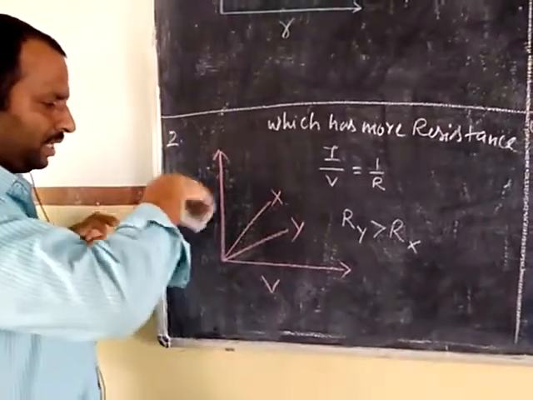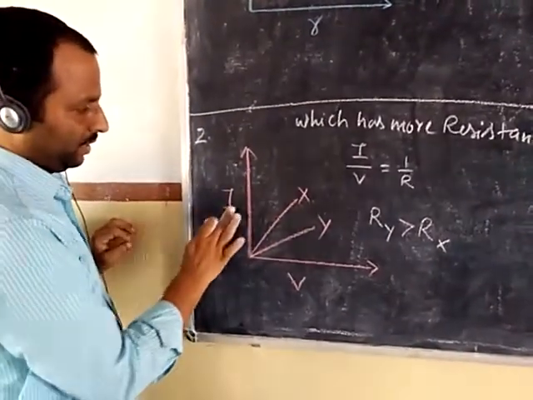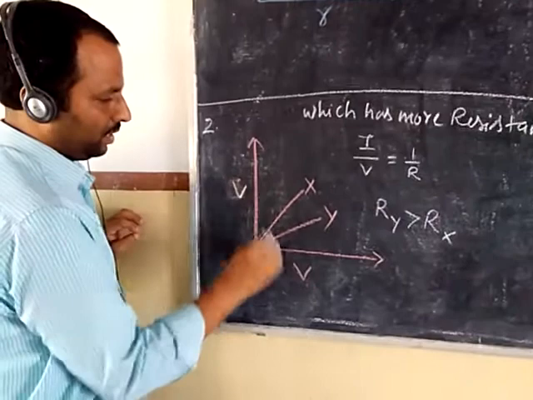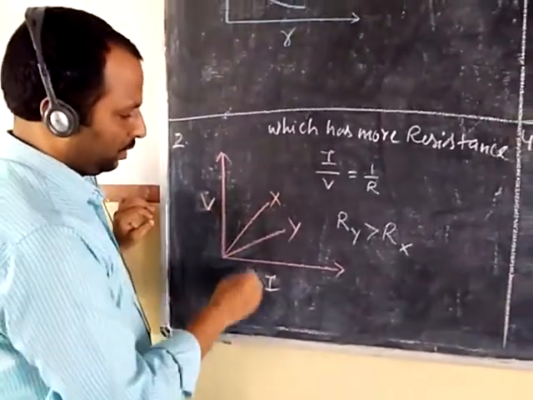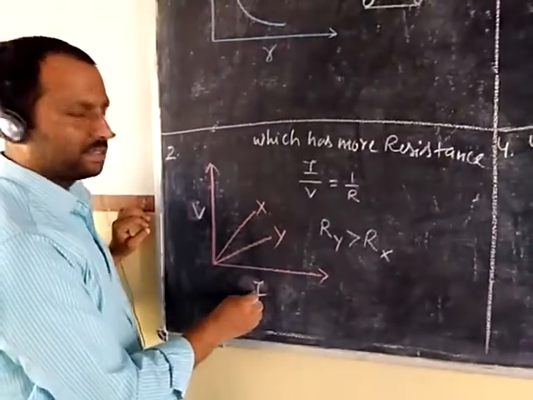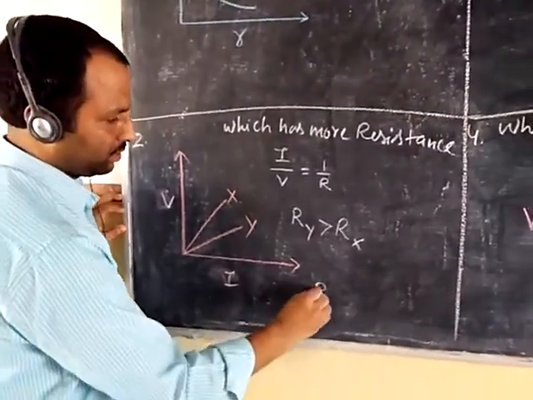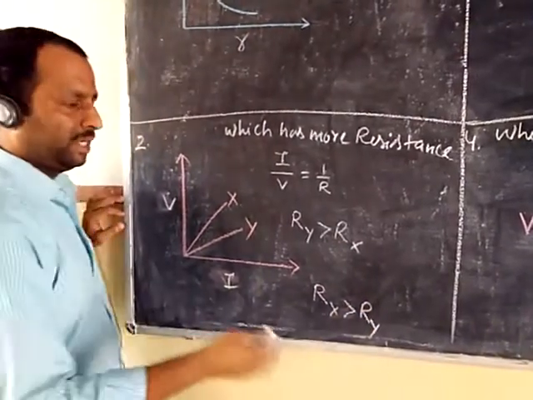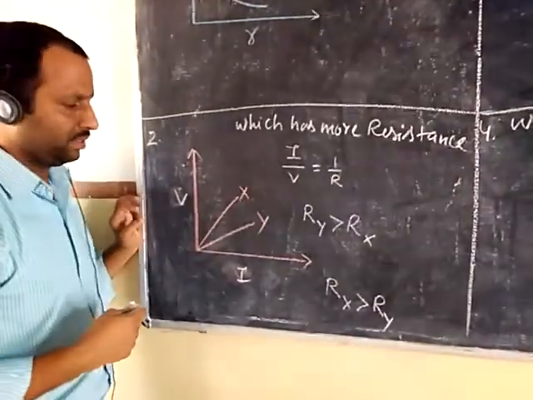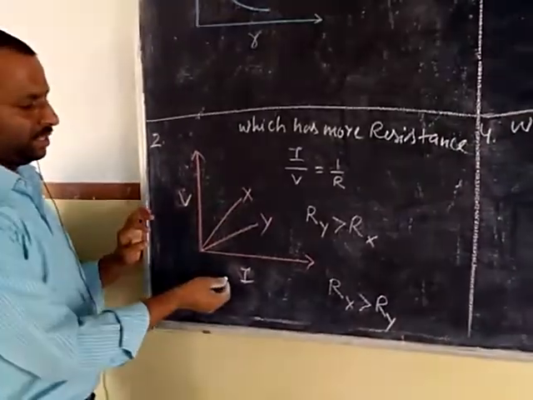But if the graph is plotted the other way, V versus I, what has happened? The slope of the V versus I graph represents resistance. So the resistance of X is greater than resistance of Y. Many times such types of questions are asked in the exams and students get confused.